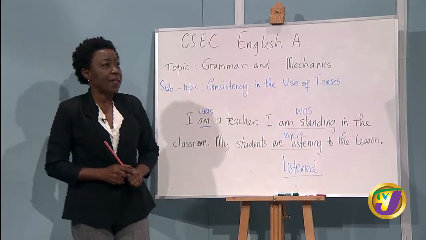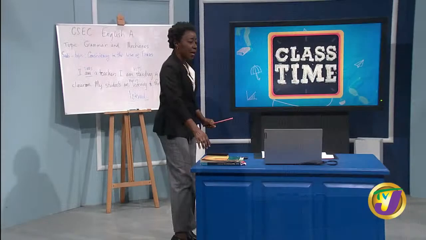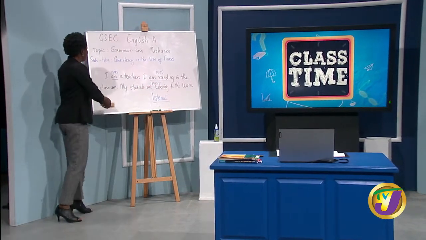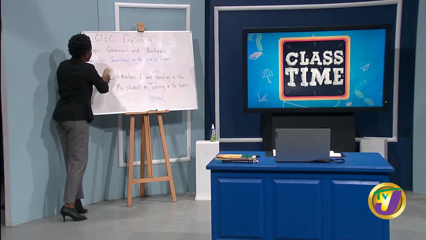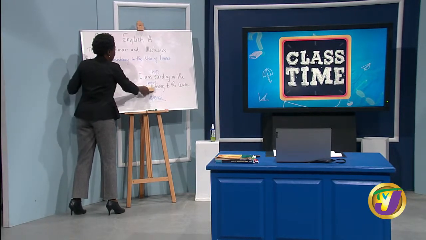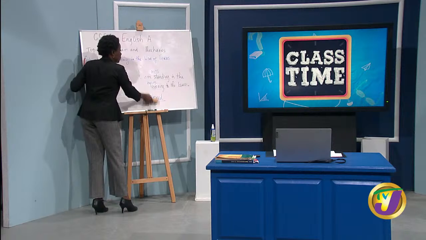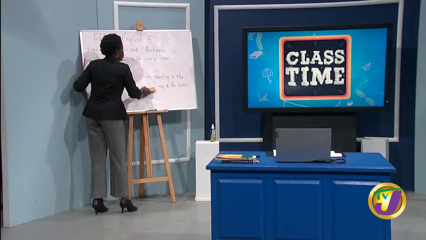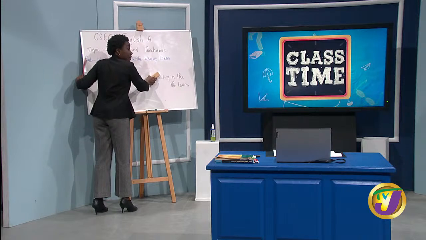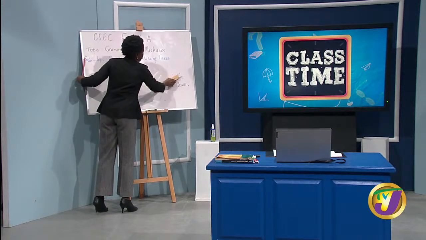Okay? All right then. Let me clean the board, and we are going to take a look at the perfect tense. Now, the perfect tense, very quickly, we are not going to go very deep into the perfect tense for this lesson, but just to touch on it to show that it is an important tense that tends to give a lot of trouble.